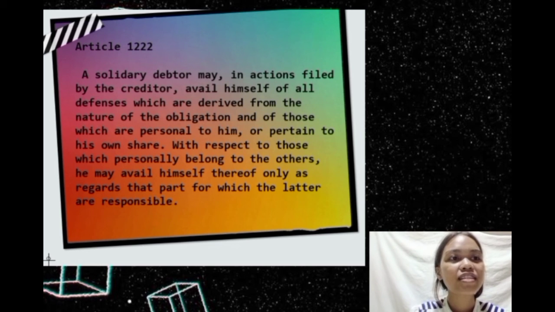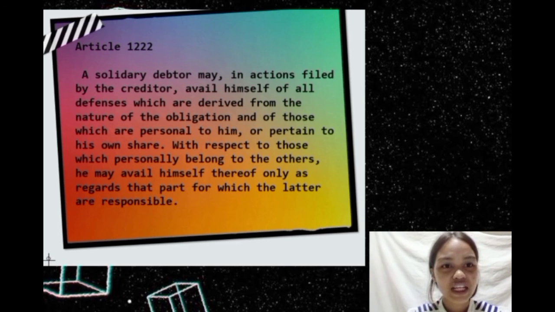This defense is personal to Princess alone, so it is a complete defense. Other examples are incapacity, mistake, violence, and minority.